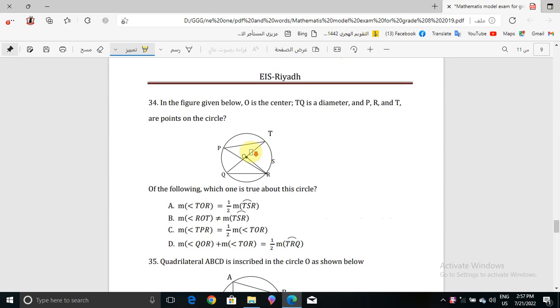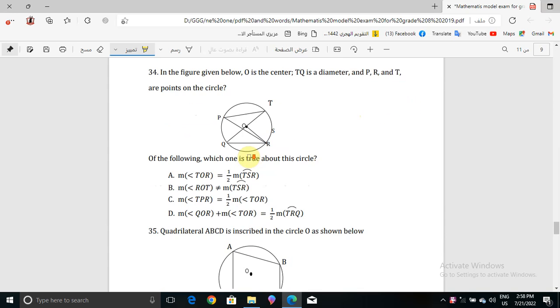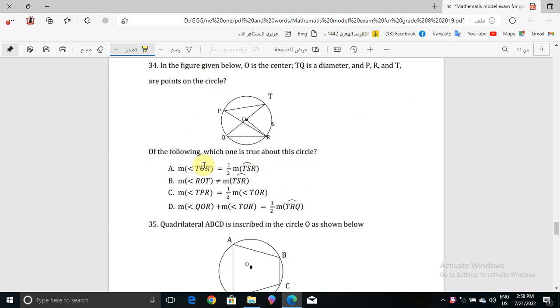Now question number 34. What we have here in the figure below, O is the center and TQ is the diameter, and P, R and T are points on the circle. Of the following, which one is true about this circle? Here we have the measurement of angle TOR is equal to 1 over 2 m of arc TSR.